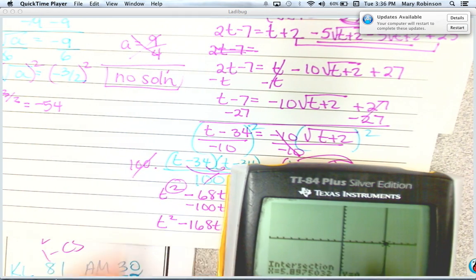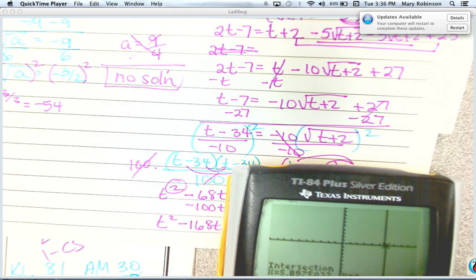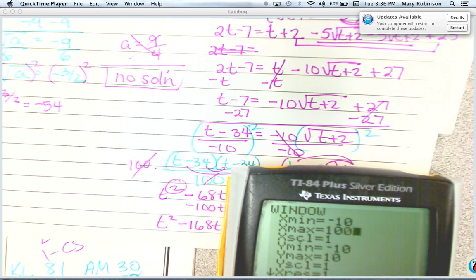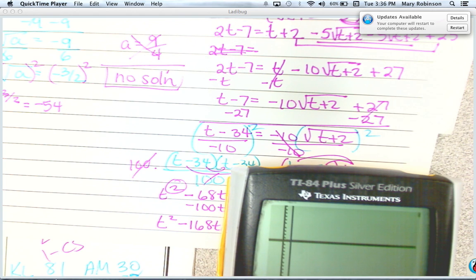And let's see, that was the one that was really close when we zoom out. I'm going to go to window here and make my x max 100. We certainly, of course, could be using quadratic formula to solve this.